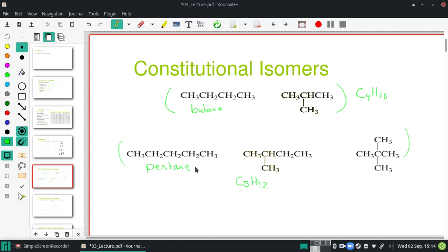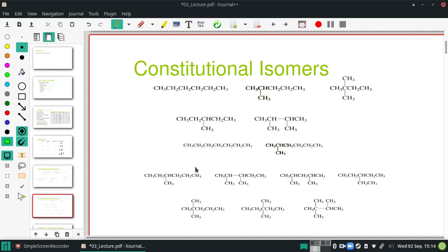But that's where this gets to be more complex, because naming our constitutional isomers involves quite a bit of complexity, and that's what we're going to be focusing on here next, because right here we have a huge number of constitutional isomers. I got a bunch with just 6 carbons, and I have a bunch there with 7 carbons.